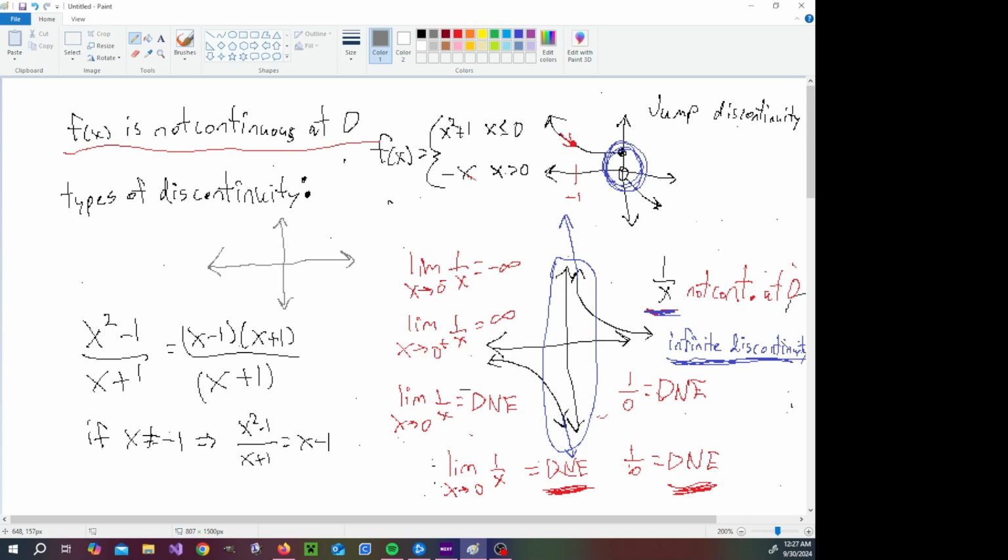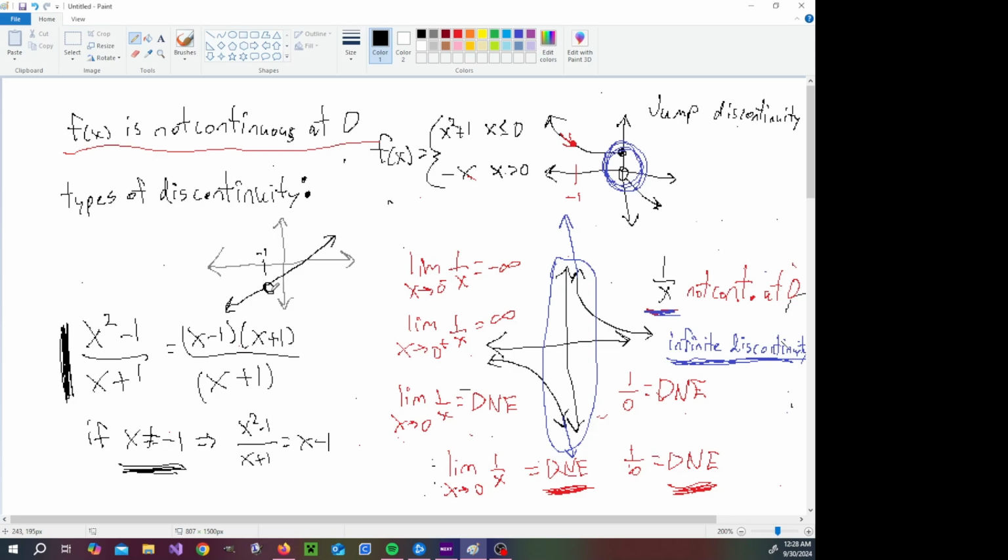is going to be x minus 1, except I cannot plug in negative 1, right? I can't plug -1 into this function. So there's going to be a hole at -1. And then to the left, we're going to continue.